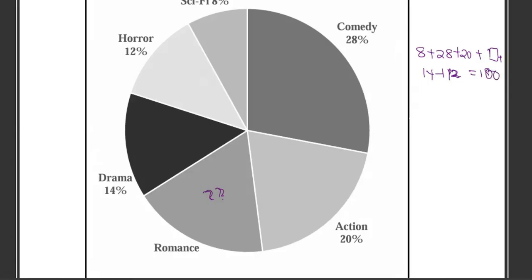When we add these numbers properly, we end up having 82. So the missing romance becomes 100 minus 82, and the answer is 18%.